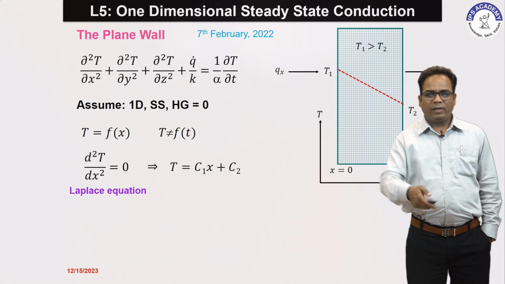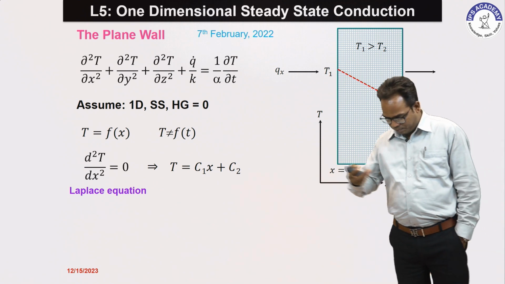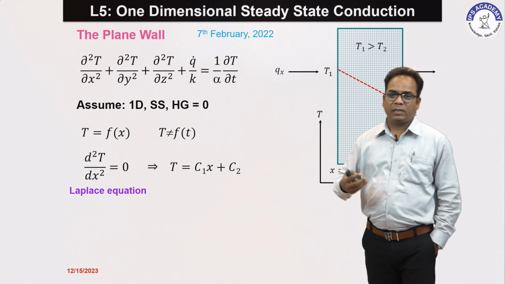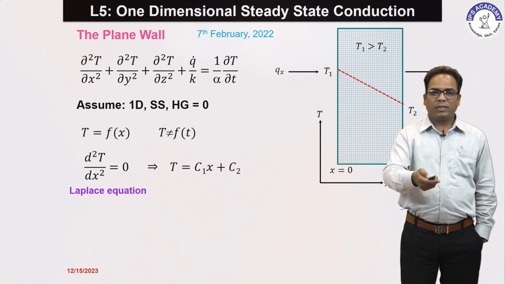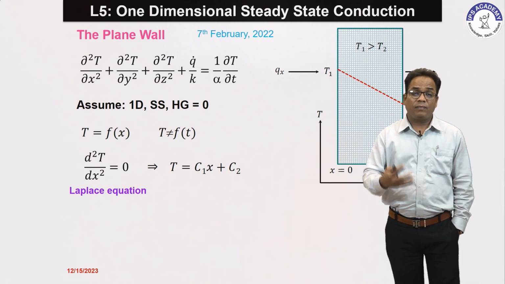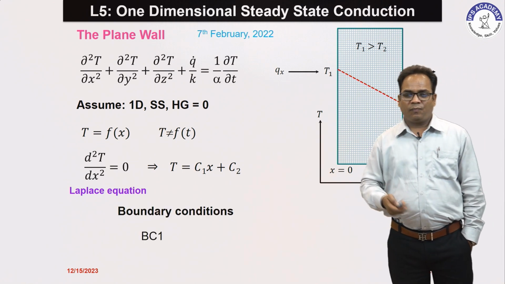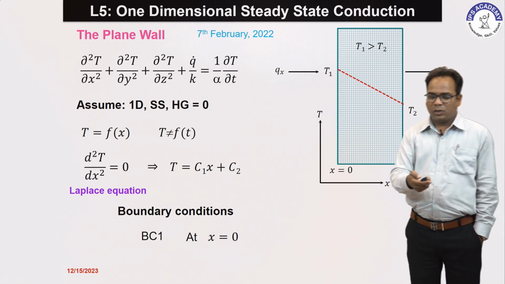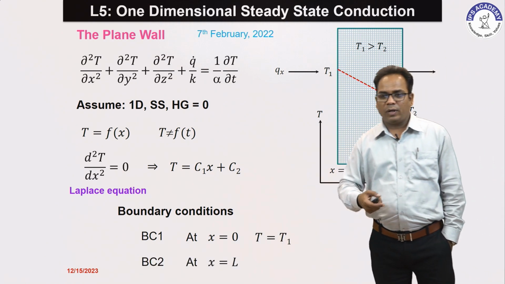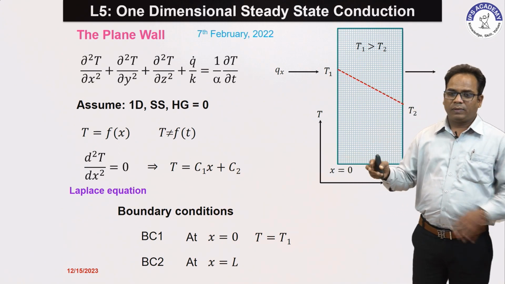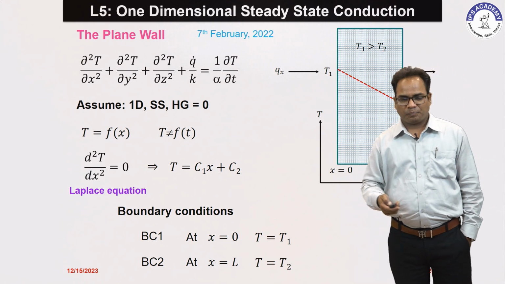After integrating this equation, we'll have an equation which is accompanied by integration constants. So we have to obtain the values of the integration constants, C1 and C2. The first boundary condition is that at x equal to 0, the temperature is T1. At x equal to L, that is the maximum length of the control volume, the temperature is T2.